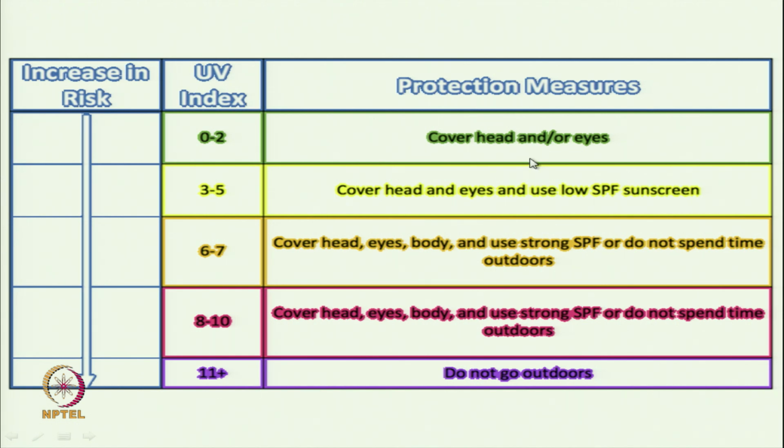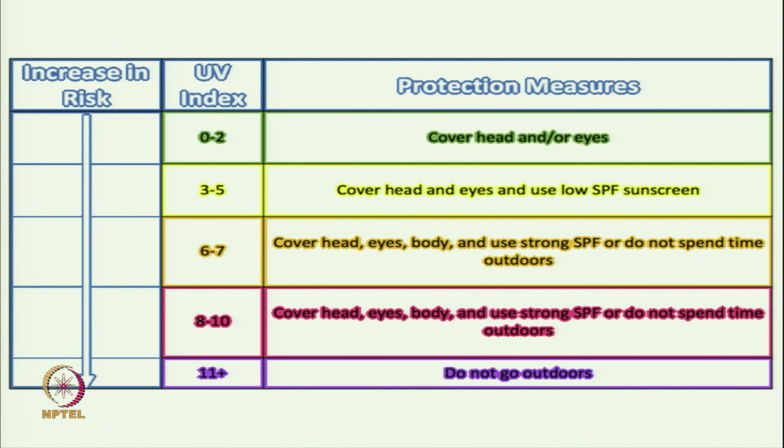So, cover head and or eyes. Just by covering head or eyes we can be protected. We can cover by cap. For 3 to 5 we have to cover head, eyes, and we have to use low SPF sunscreen. We do not need any other protection.